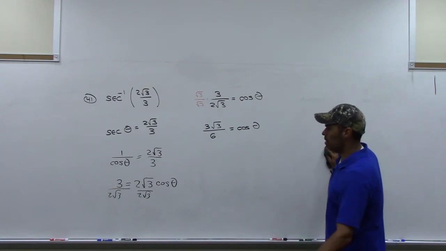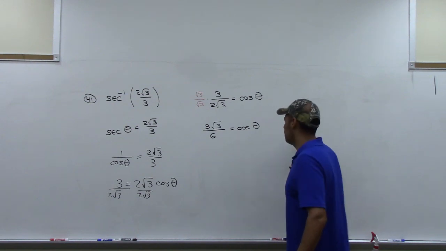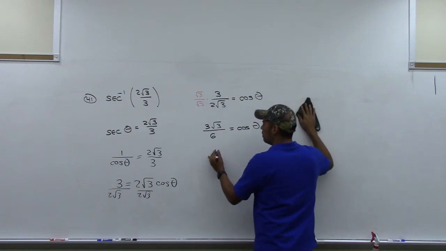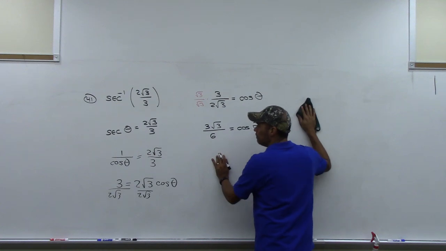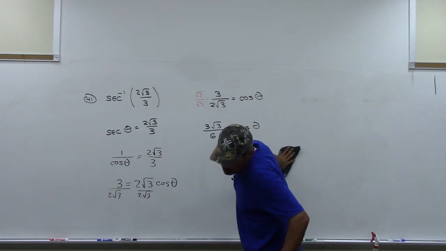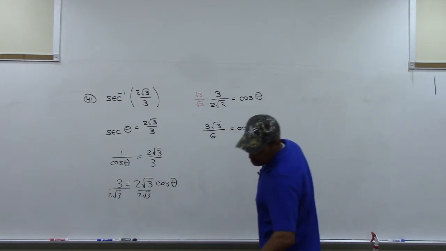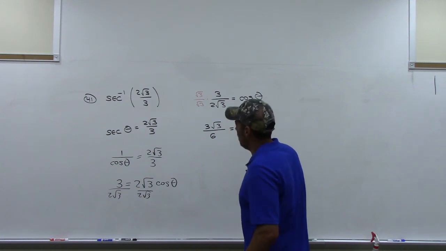Multiply. Oh, wait, hold on. Something ain't right. Did I write it down wrong? 2 root 3 over 3.